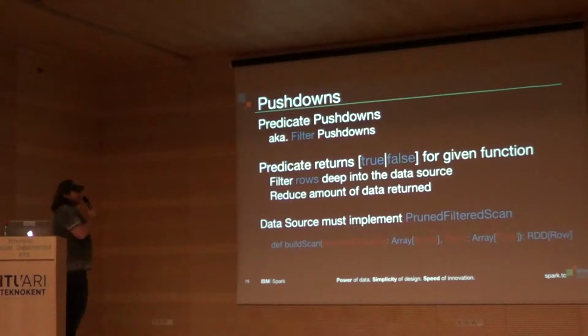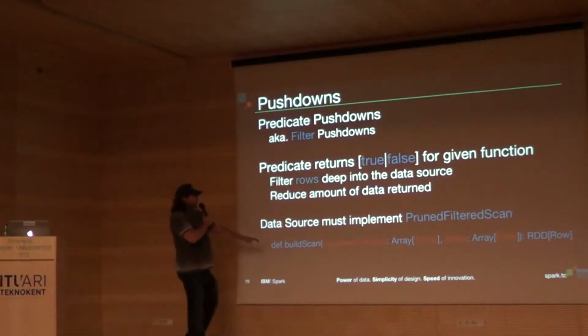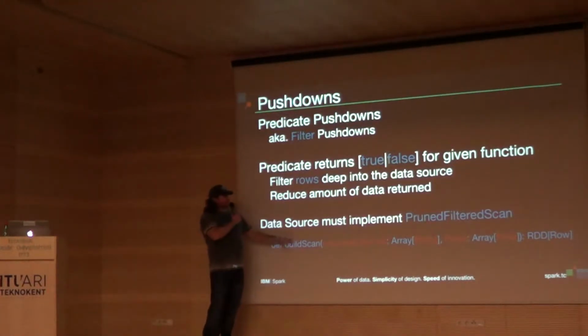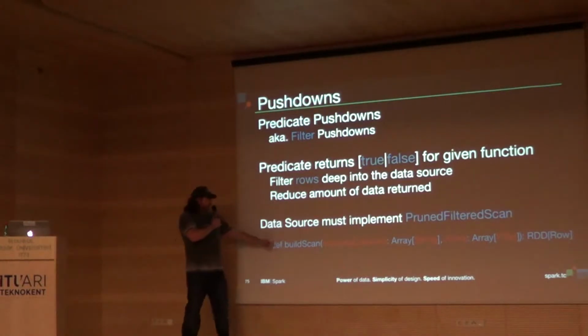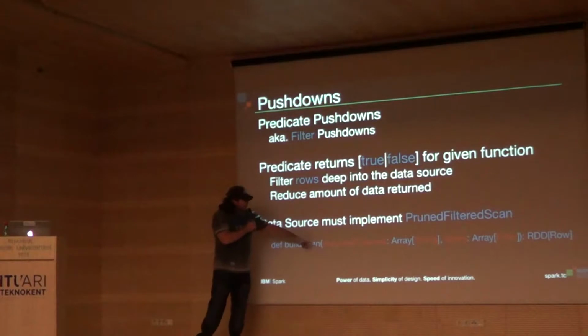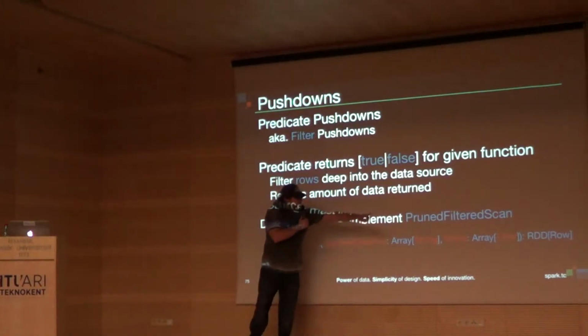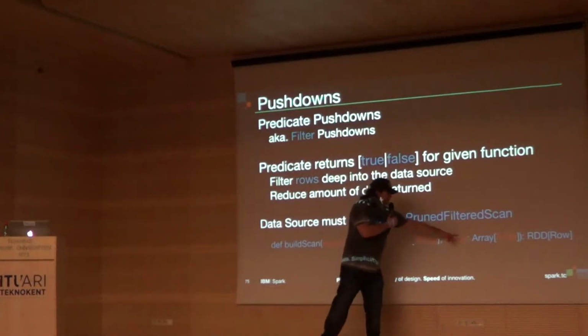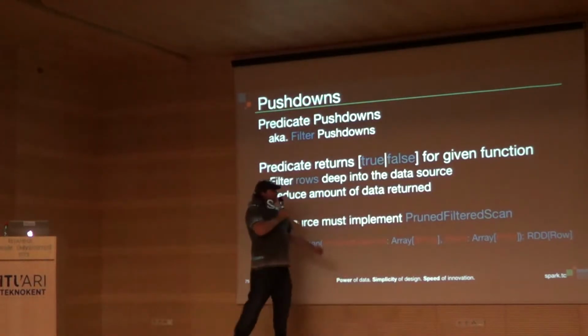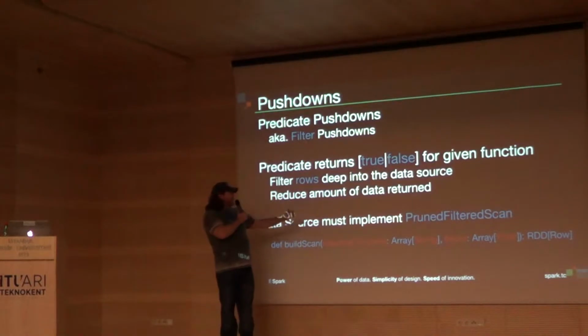So here's an example of that data sources API. This is what we're actually going to build. This is what the Cassandra connector and the Elasticsearch connector I've built use. So here's your column pruning, and then there's your pushdowns, your filters. Filter is a base trait.